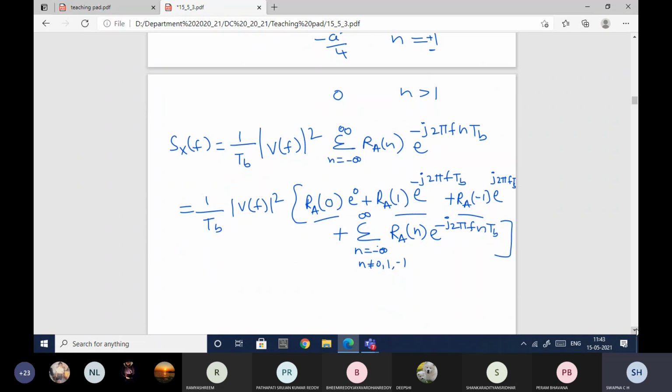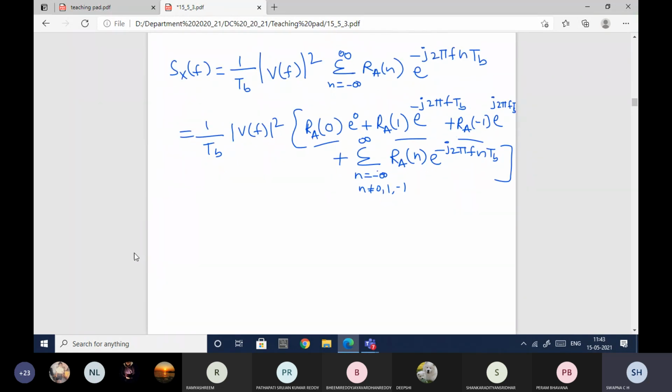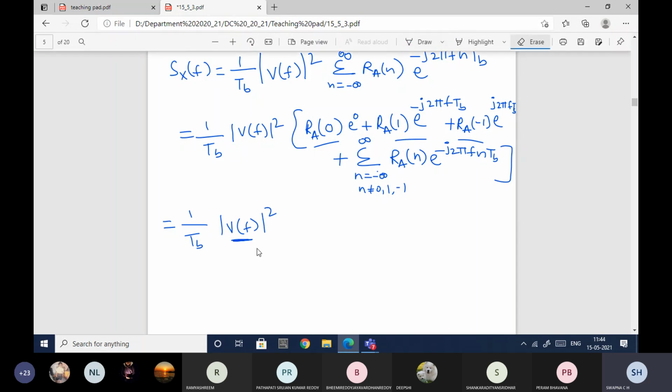Okay, now let us substitute array of 0 values. So this will be equal to 1 by tb mod v of f whole square. Still I've not substituted the v of f equation, I'll substitute it a little later. Into array of 0, which is nothing but a square by 2 into e power 0, which will be 1, plus array of 1.